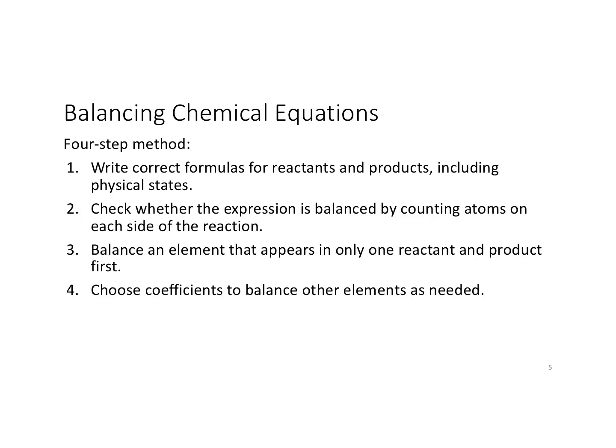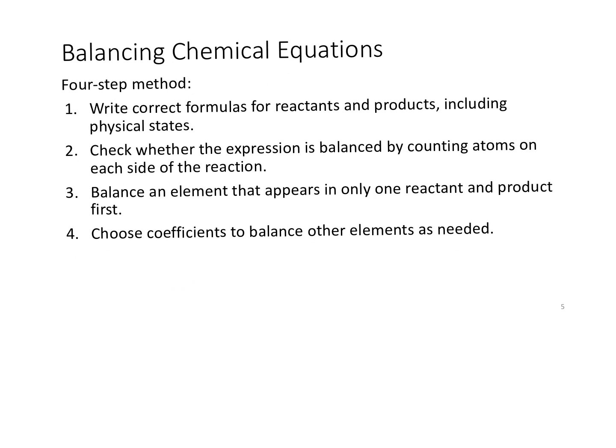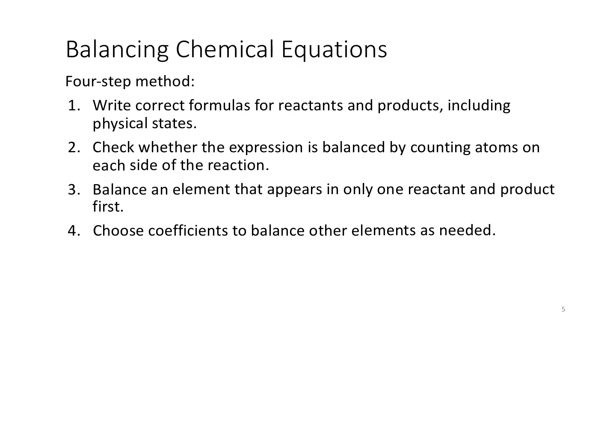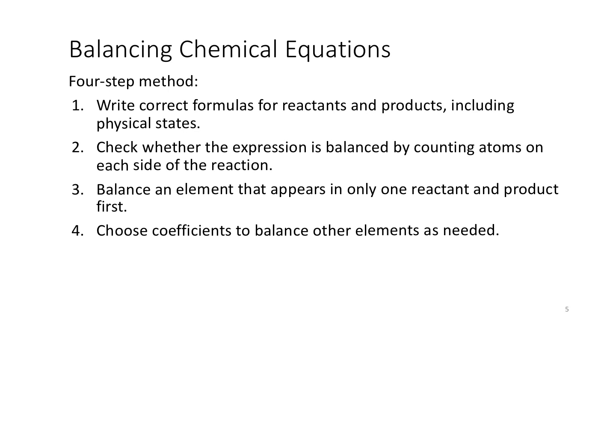So here's a 4-step method for balancing equations. I'm also going to give you some tips and tricks and helpful hints. So the first thing here is you need to write the correct formulas for reactants and products, including the physical states. Including the physical states is important, but it does require an asterisk if those are given, right?